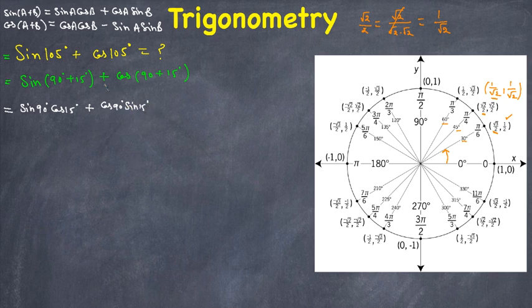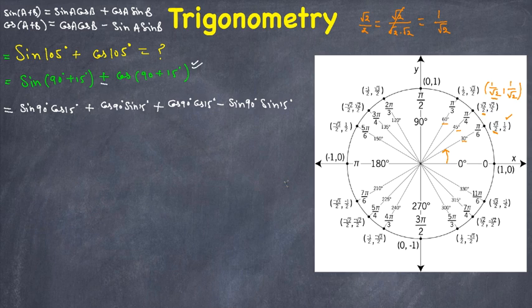And then we got this plus sign over here. Now we're going to write the values for this. So cosine 90 plus 15 is cosine 90 cosine 15 minus sine 90 and sine 15 degree.